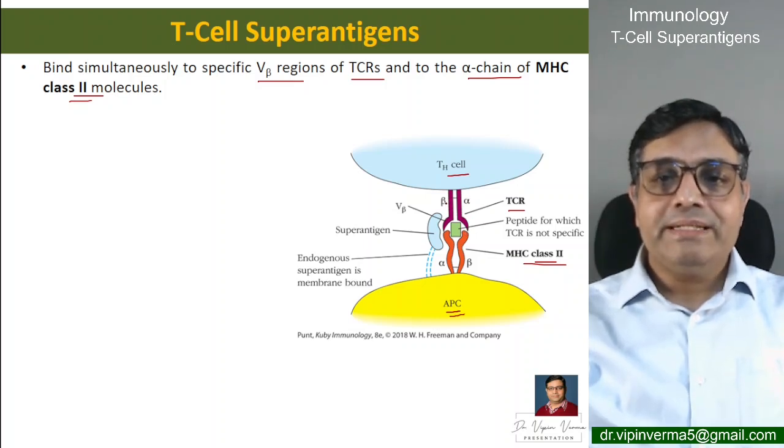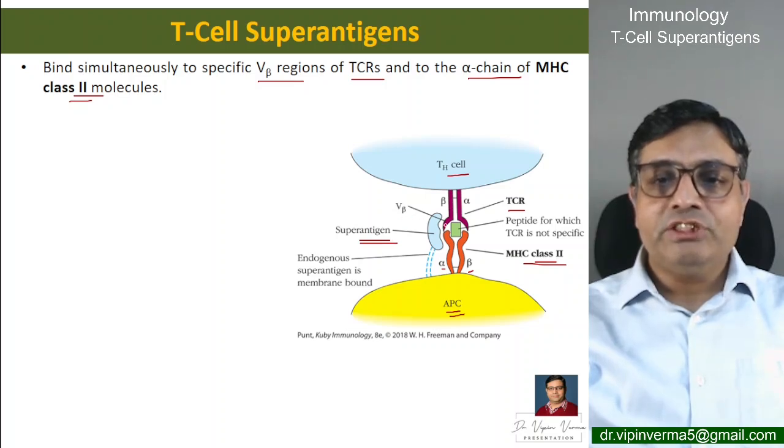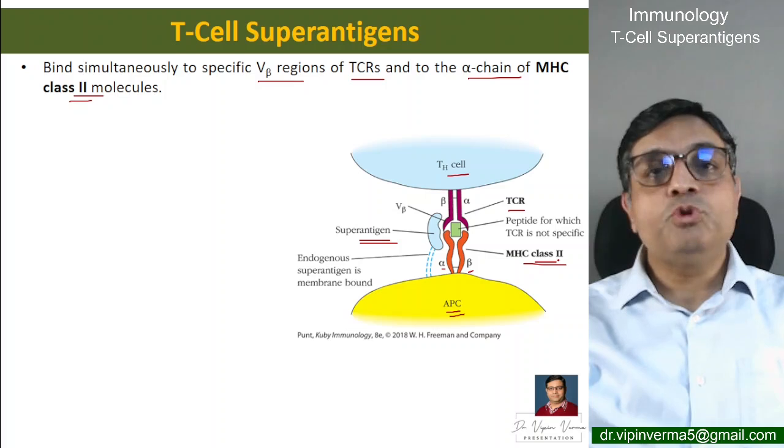Here you can see the T cell receptor alpha chain, beta chain, and the MHC alpha chain, beta chain. This superantigen is binding the variable beta chain fragment of the TCR and simultaneously the alpha chain of the MHC class 2 molecule.